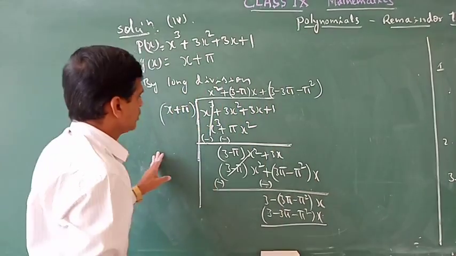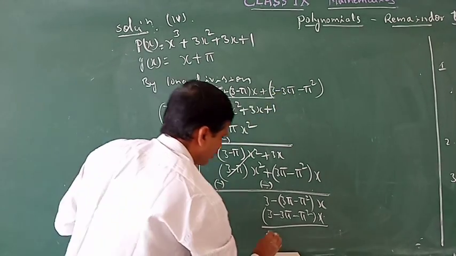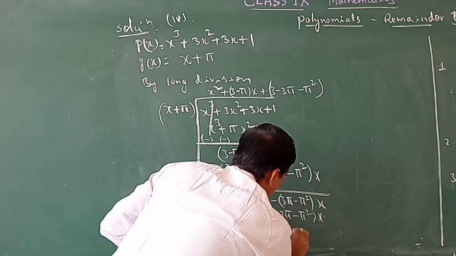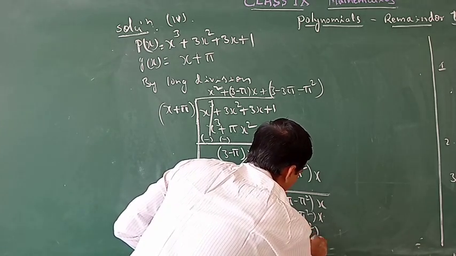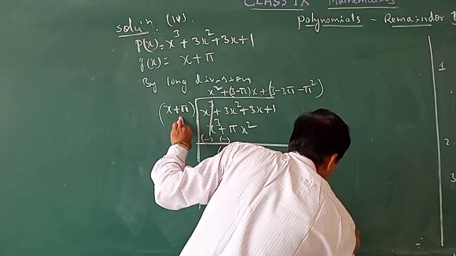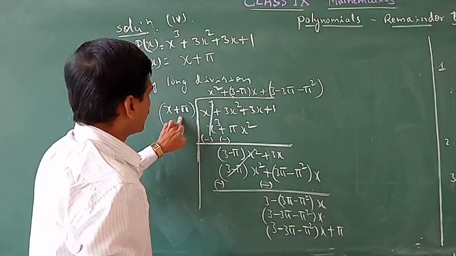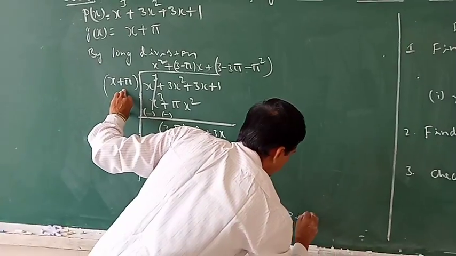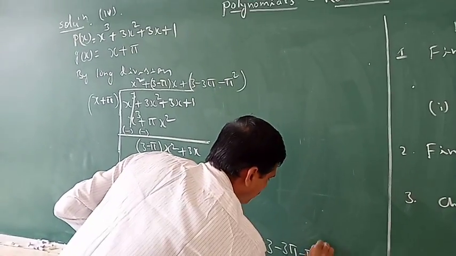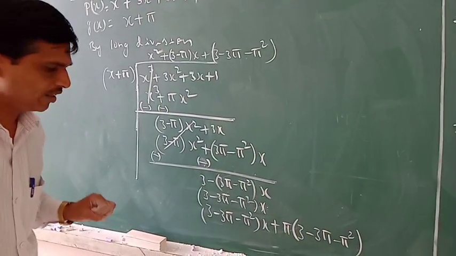If you multiply this by this, you will get the answer like this: 3 minus 3 into 5 minus 5 square into x, plus 5 into 3 minus 3 into 5 minus 5 square. Hope you get the idea.